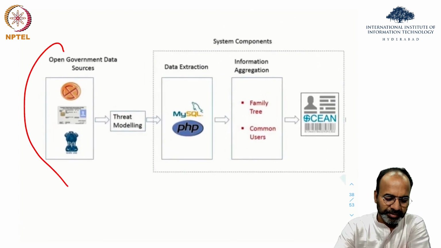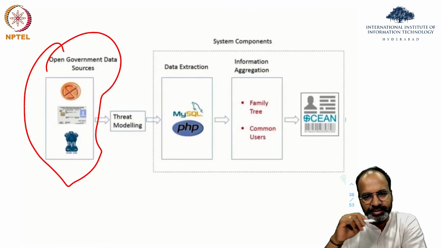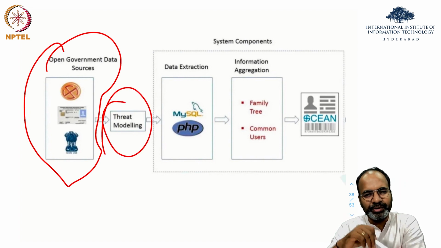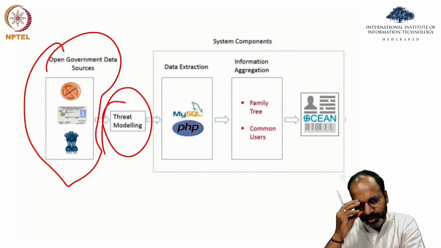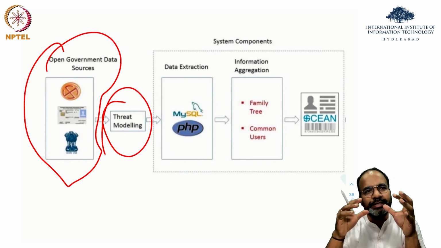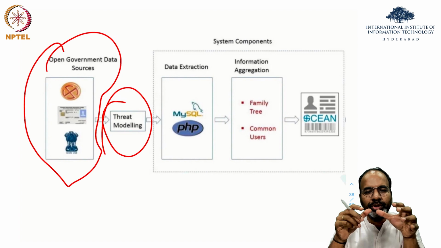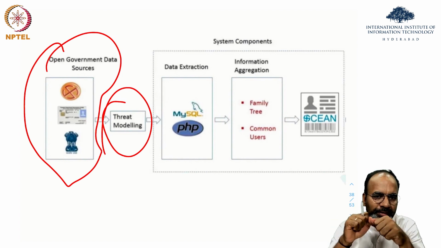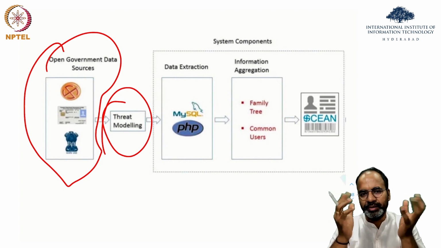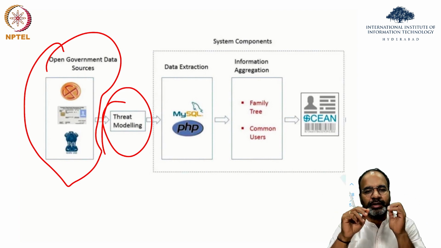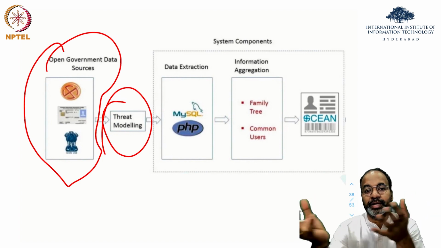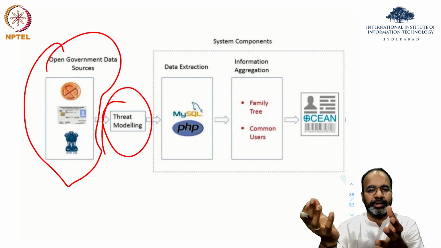Also, government sources: driver's license, voter ID, all this information that's publicly available. Can you do a threat modeling? We'll actually see what threat modeling is and how it becomes very handy. The idea of threat modeling is that you want to know where the loopholes are, where the weakest link is in the complete ecosystem that you built. For example, ICICI setting up an ATM machine in a particular location.